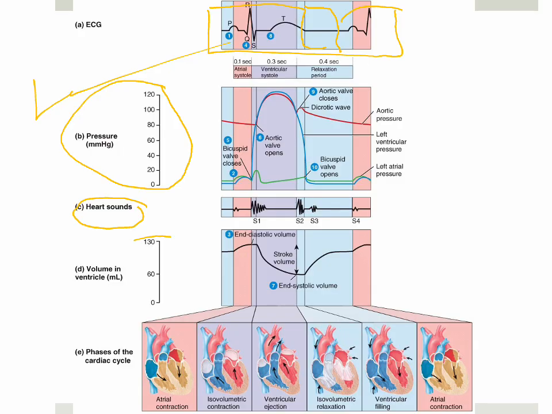Then the volumes, this is in mLs, and this is going to happen when contraction and relaxation happen, okay? And this is each phase of the cardiac cycle, okay? So we have an atrial systole, meaning an atrial contraction. Then a ventricular systole, meaning a ventricular contraction. And then a relaxation period.